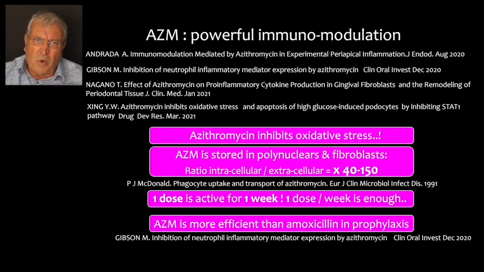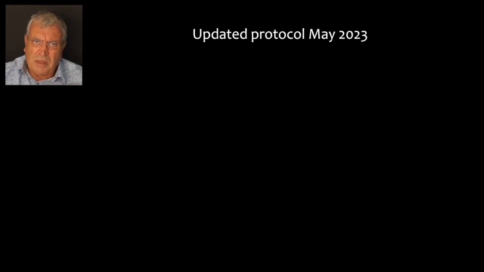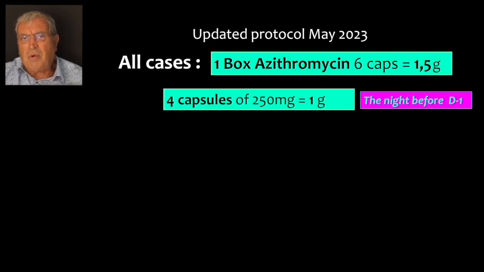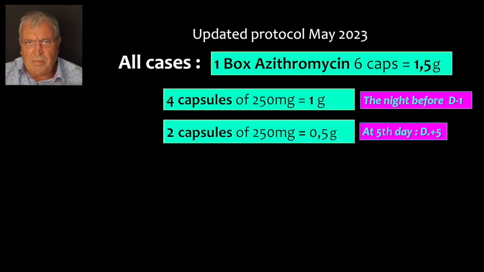What is our updated protocol since May? We treat all the cases with the same protocol. 1 box of azithromycin, 6 caps. We give the patient 4 caps the night before, and we give the patient 2 caps at the 5th or 6th day. Then it's 1 box.